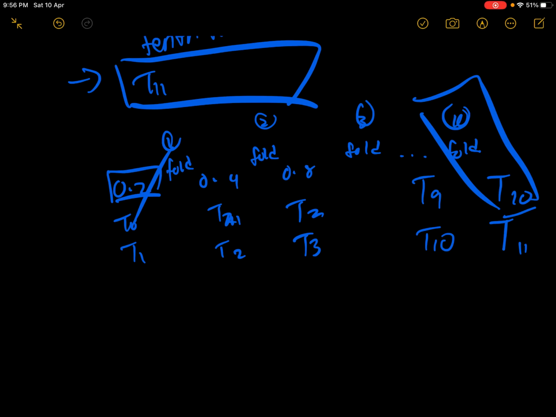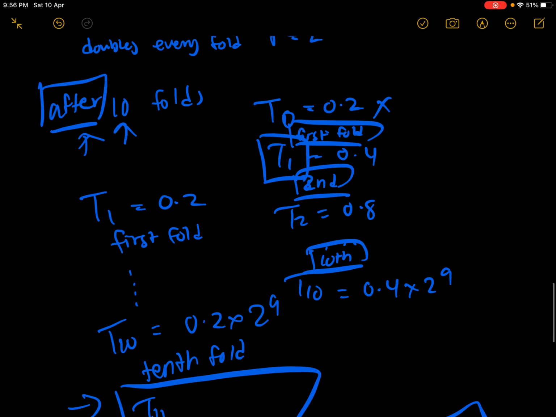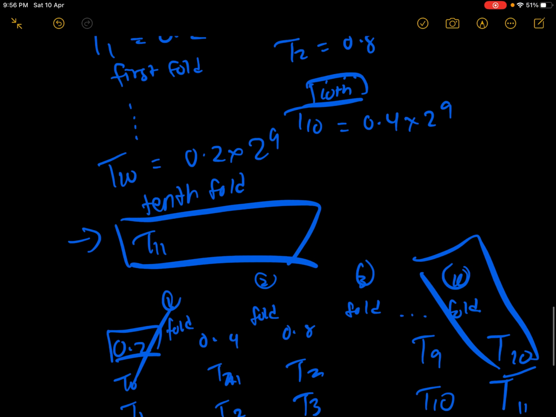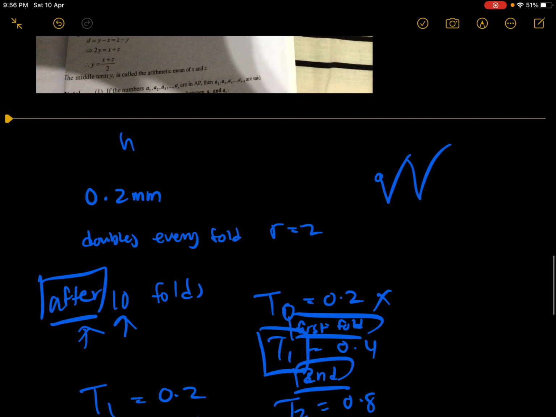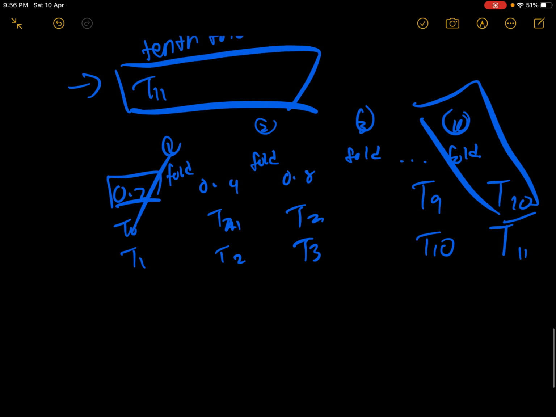Since there were no folds before that, you want to find the length after the 10th fold. After you find your first 10 terms, you need to find what's after T9, because after T9 is not the 10th fold. After T10 is the 10th fold, which is T11. So yeah, I'm just repeating myself right now. When you see these after or before questions, you need to make sure that you get the pattern right.